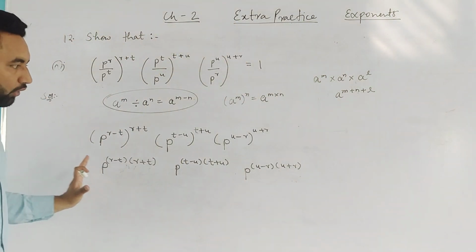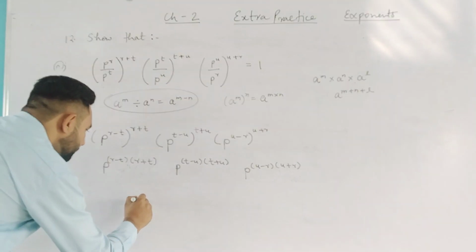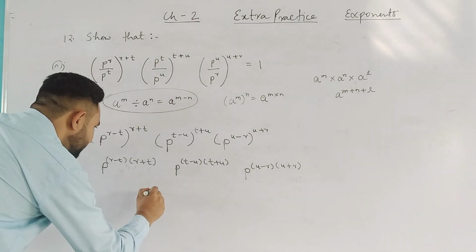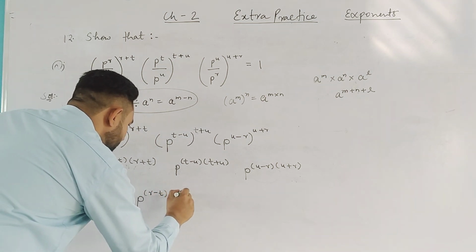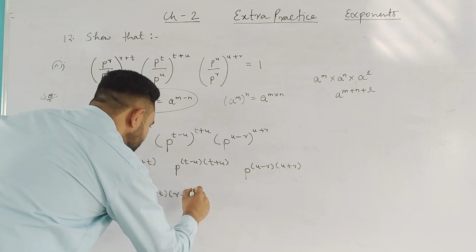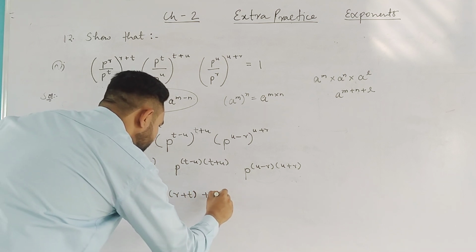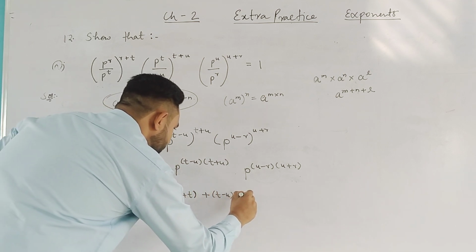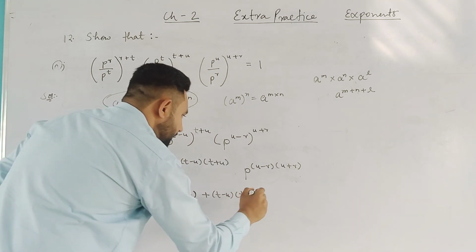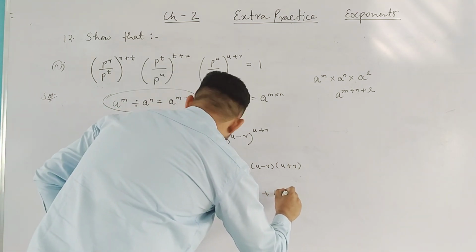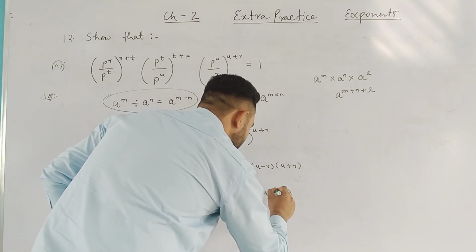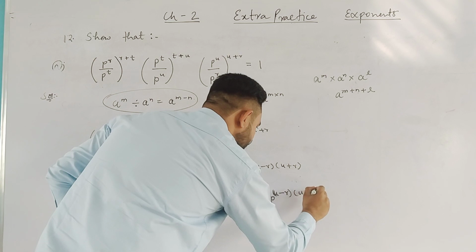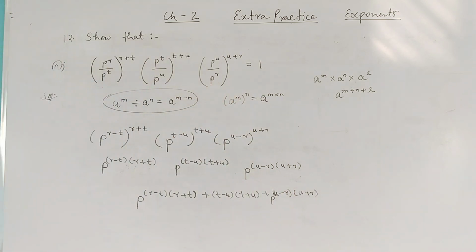So let's add all the powers. p to the power (r−t)(r+t) plus (t−u)(t+u) plus (u−r)(u+r). Okay?